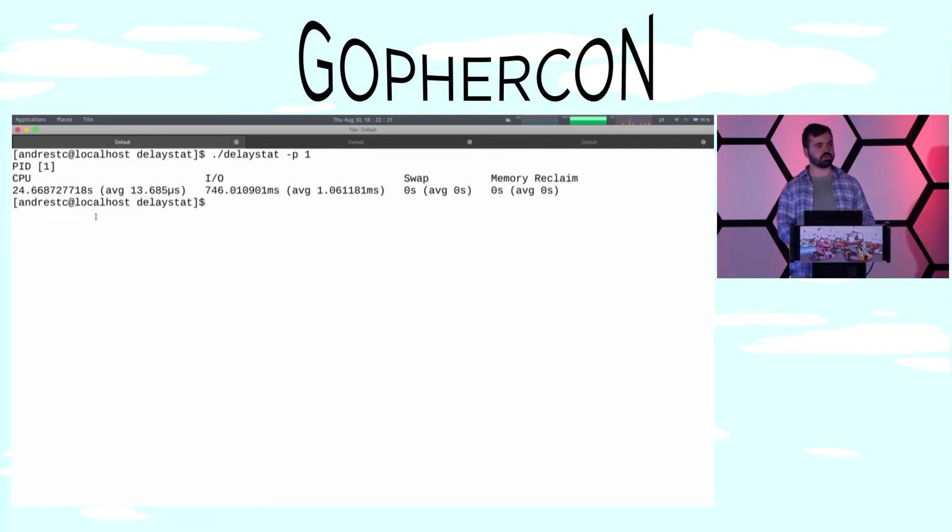Each column refers to a resource. The first column shows the CPU delay. This is the amount of time that the process was ready to run but couldn't because all the CPUs were in use. And we can see that it averaged in the order of microseconds. Since it started, the average delay experienced by PID 1 was 13 microseconds.